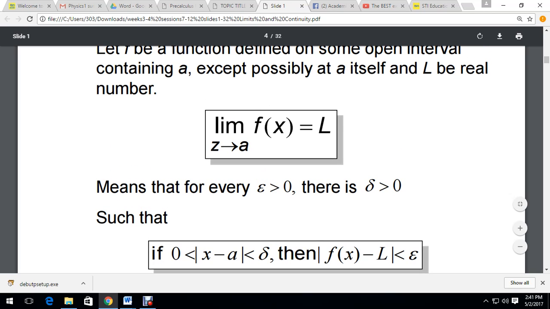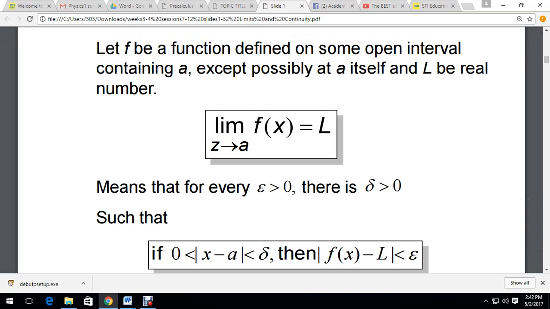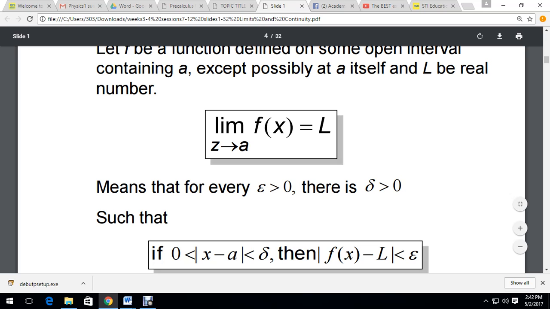Okay, I just read you the definition, but I'll be presenting it part by part and illustrating it using a diagram in order for us to understand what is meant by the parts of this definition.